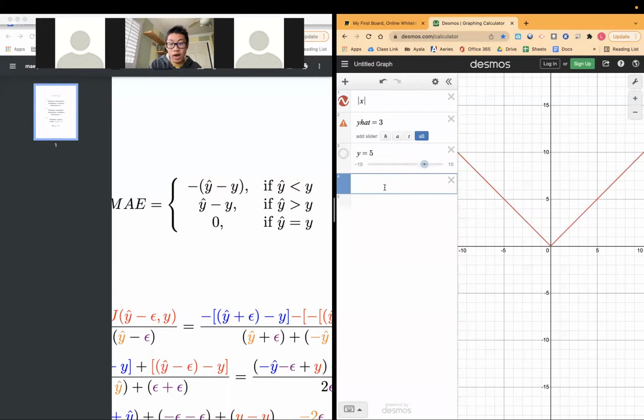If you do y hat minus y, you get 3 minus 5, which is -2. But a -2 error doesn't make sense because error can't be negative. So you make it positive by the absolute value, which is technically doing this but putting an extra negative right in front.